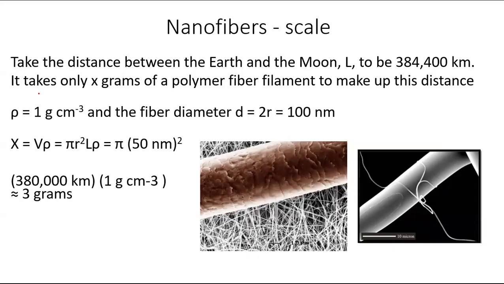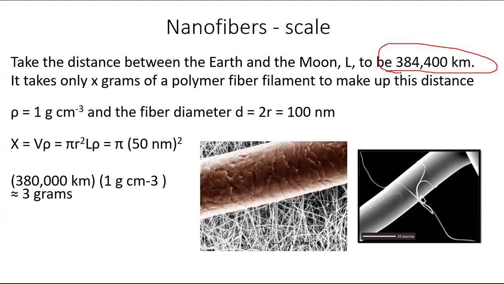Take the distance between the Earth and the Moon, which I have given as 384,400 kilometers. We are going to calculate how many grams of nanofiber are needed to fill this length from Earth to Moon.